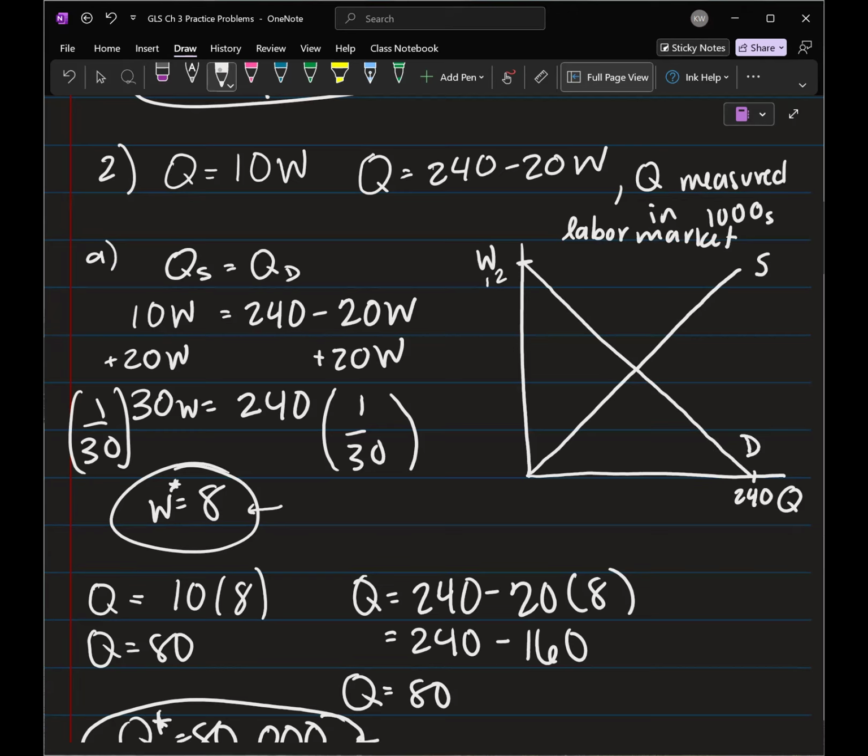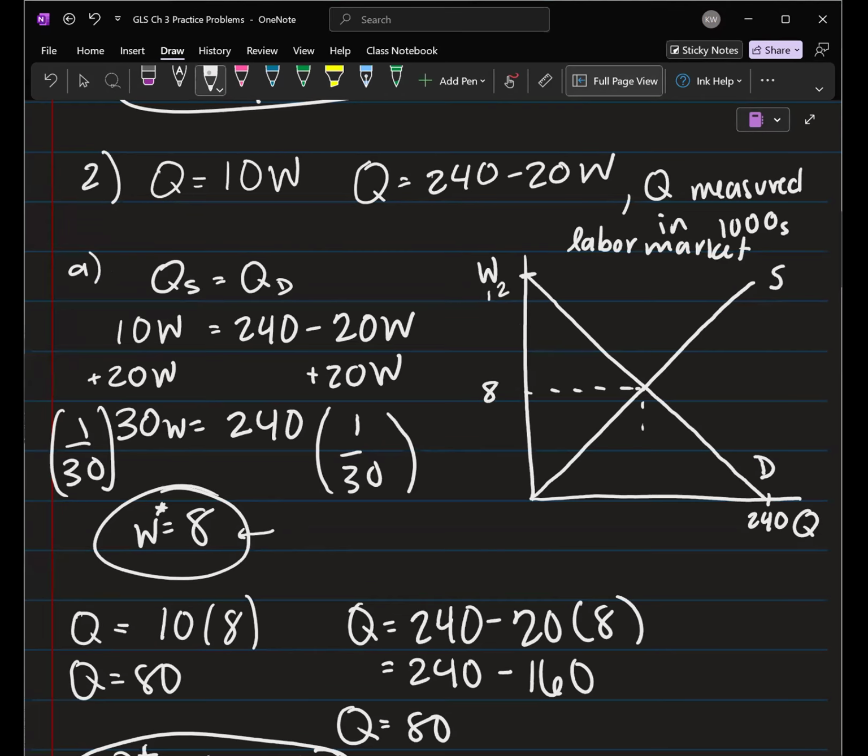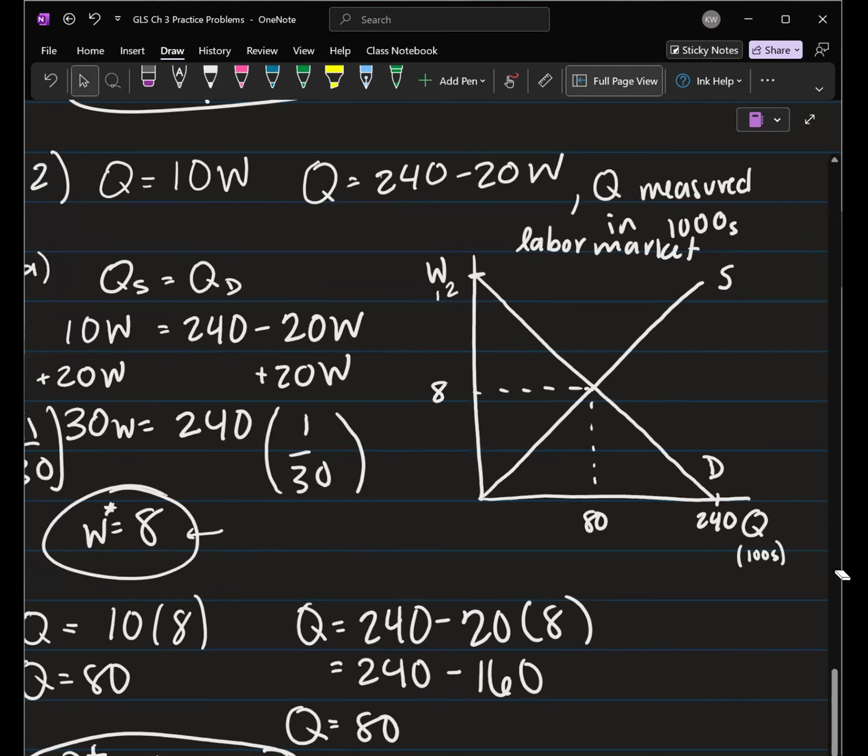Then we can identify our equilibrium point that we found just now. So we have at the intersection between supply and demand an $8 equilibrium wage, and that our workers are going to be working 80,000 hours.